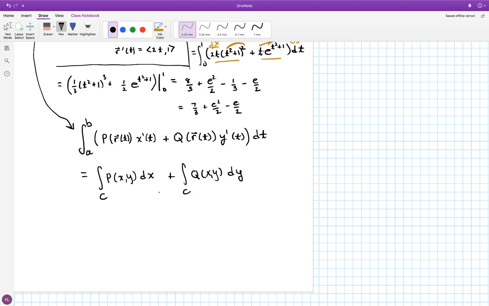Typically, if we're looking at a particular line integral as the sum of these type of line integrals, we may abuse notation and write it like this and use one integral sign for both. So my point here is that the line integrals of vector fields over curves are the sum of line integrals of multivariate functions with respect to the variables. The same exact thing could be said if I was computing the line integral of a vector field across a three-dimensional curve.